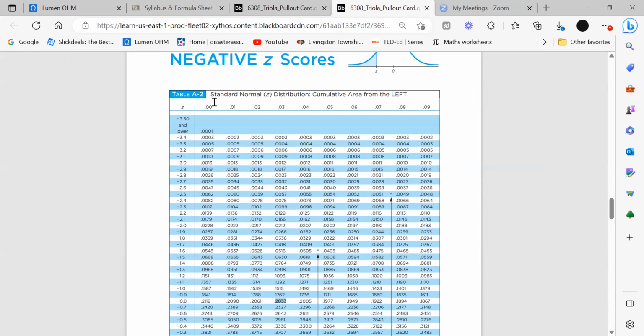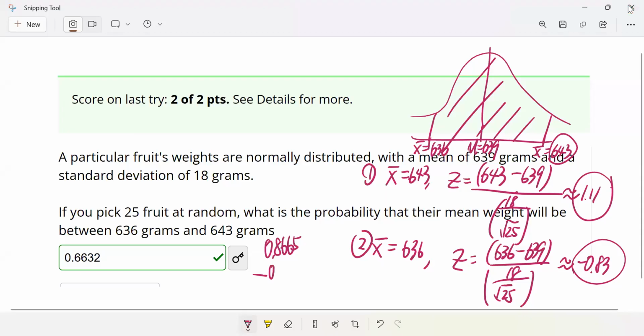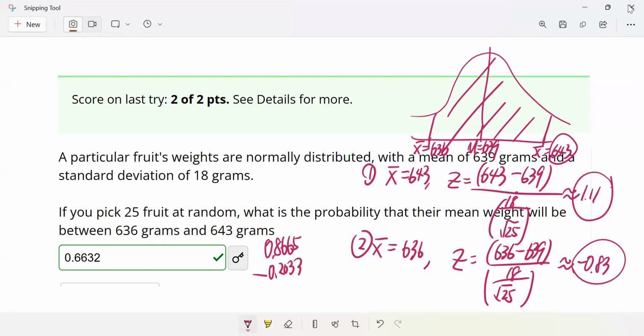Yes. Then the difference is the answer. The difference is the area in between, and that's what we're looking for. So it's 0.6632. That's what that is.